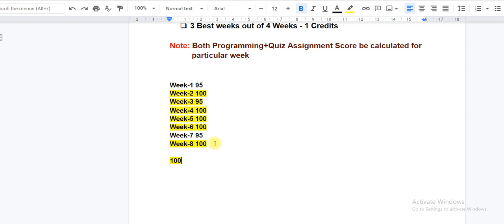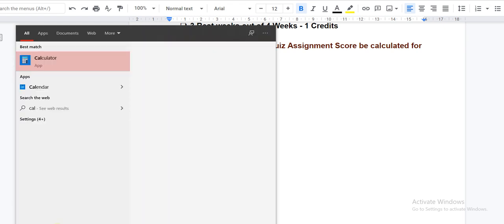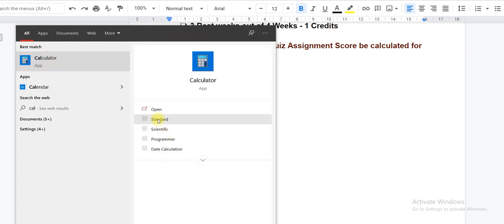So 100 plus 100 plus 100 plus 100, plus 100 plus 95. Okay, and this all is how much? 595, and divided by how many weeks? 6. So what will be the calculation, guys? Let me open a calculator so I can show you exactly.